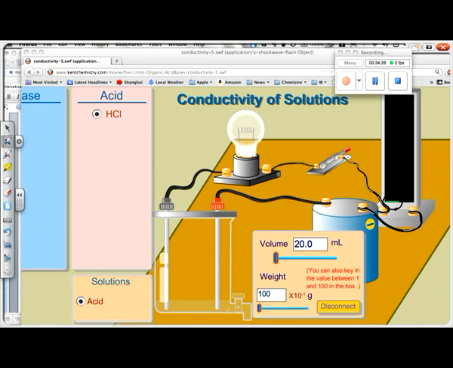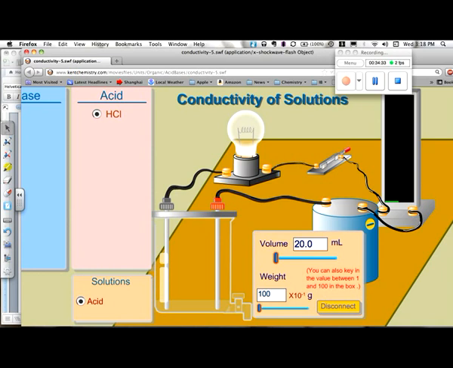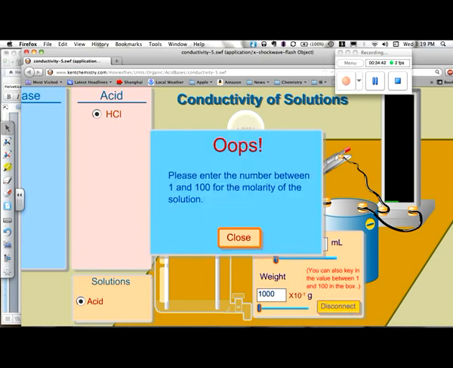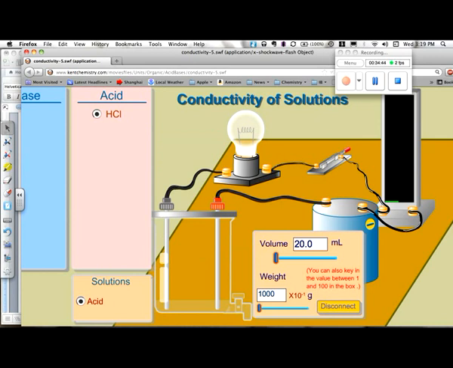Because I'm going to increase the concentration. All right? So let's make it 1,000 in 20 milliliters of water. Maybe not.